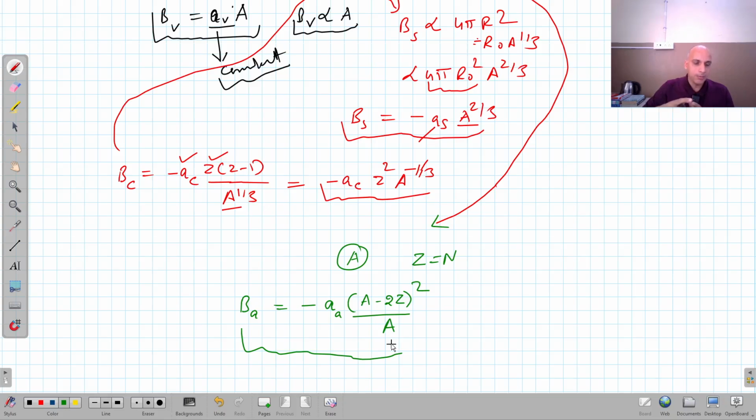It is arising because the heavy nuclei have a higher number of neutrons, and these neutrons are responsible for reducing the stability. That's why I am taking it as negative.